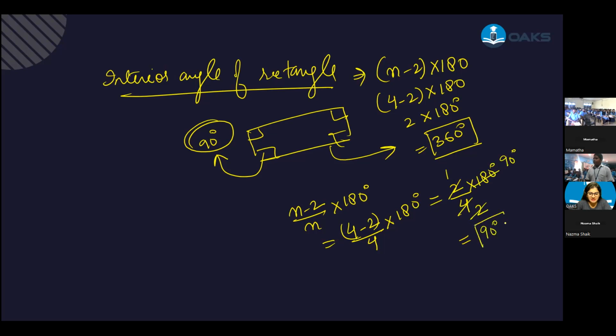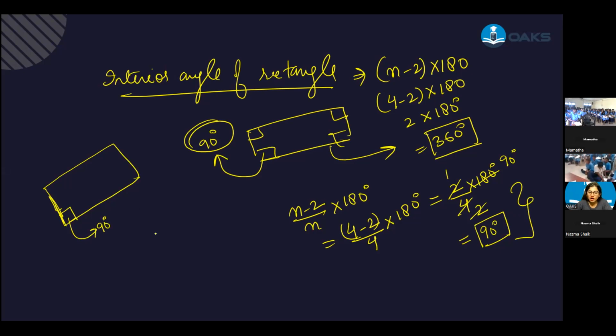So 90 is the answer. So is that correct? What is one angle of a rectangle? It is the measure of the interior angle of a rectangle, that is 90. So this formula is giving us the correct answer, right? Okay, you can sit down.